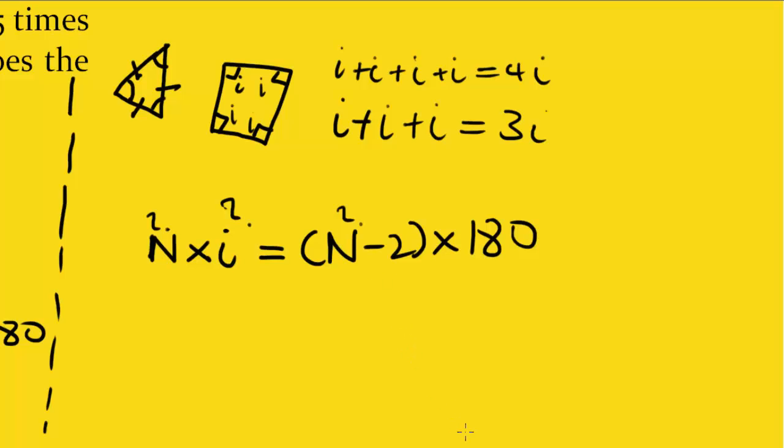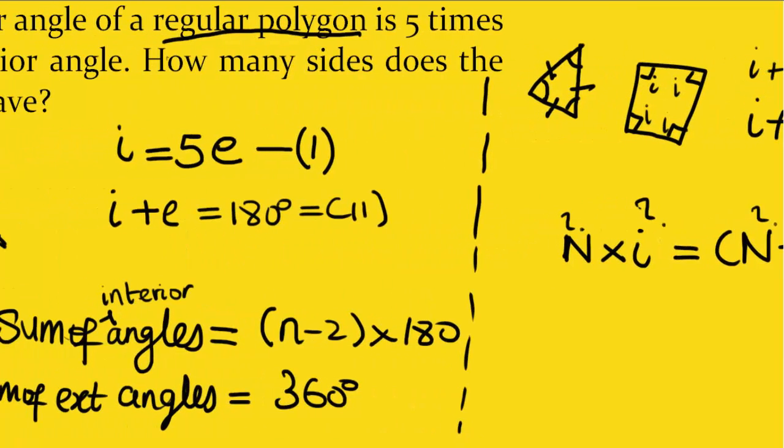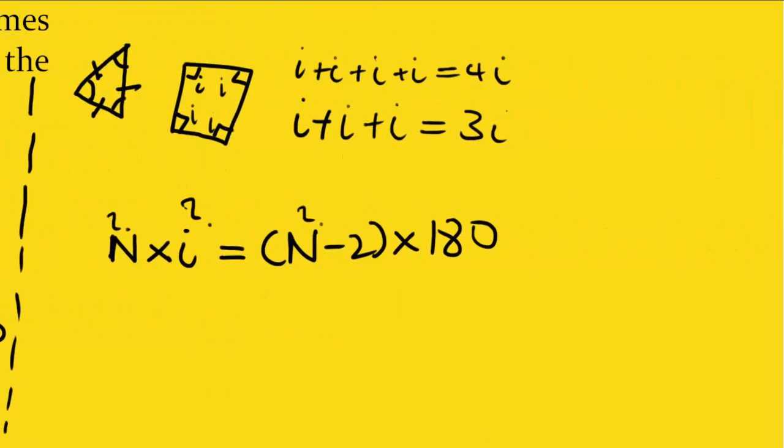So to determine I, we can use these 2 equations here. This we were given, this we know because of what I mentioned earlier. So using these 2, let's find I. In the question we're told that I is 5e, and we know that I plus e is 180 degrees.